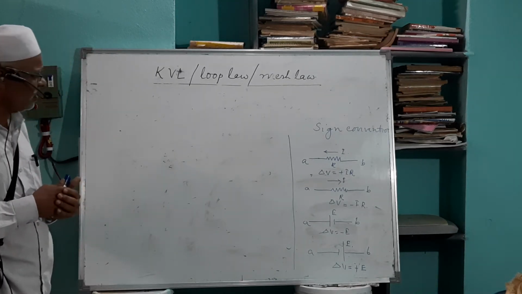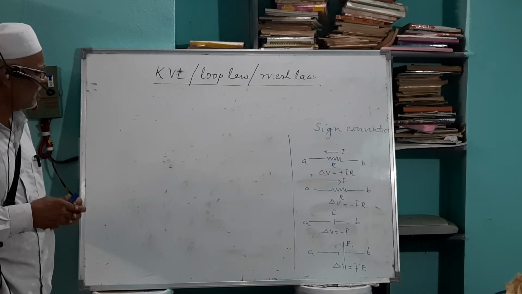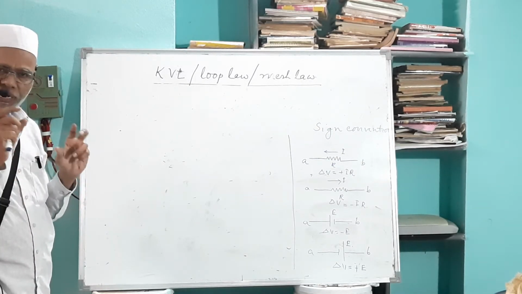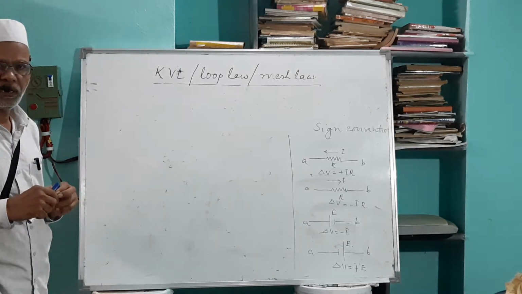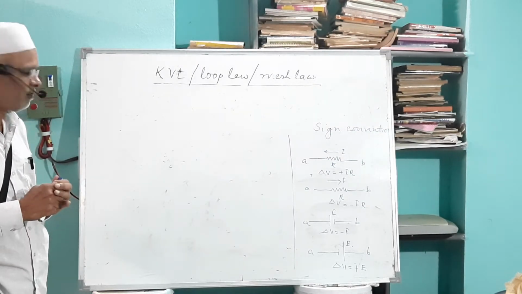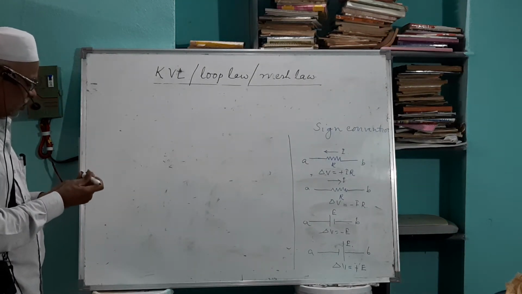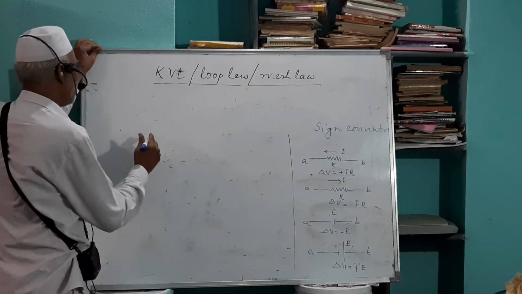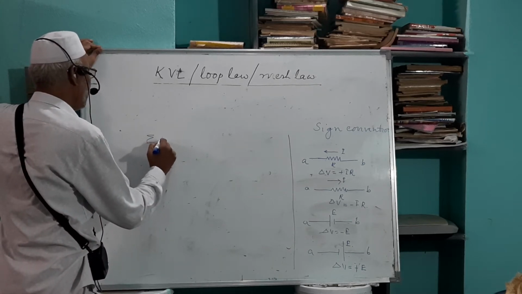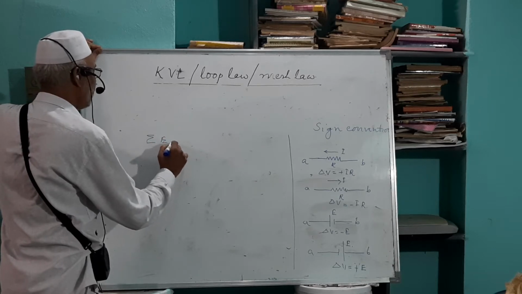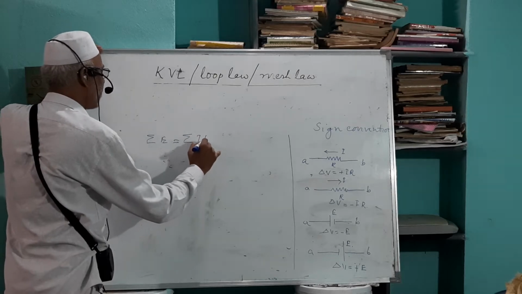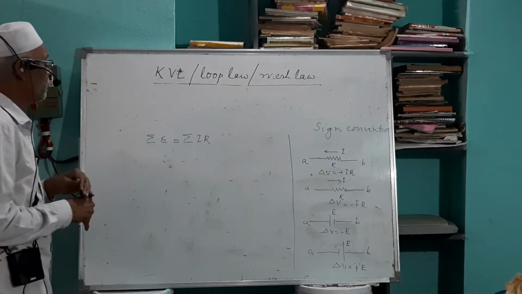Now, before discussing the KVL law, I would like to give you a hint so that you can design the statement of the KVL law. Let us see the mathematical expression of the KVL law. Mathematically, summation of EMF is equal to summation of IR product.